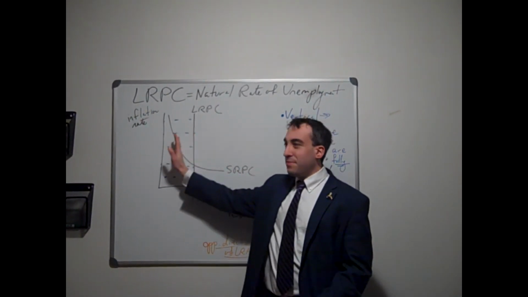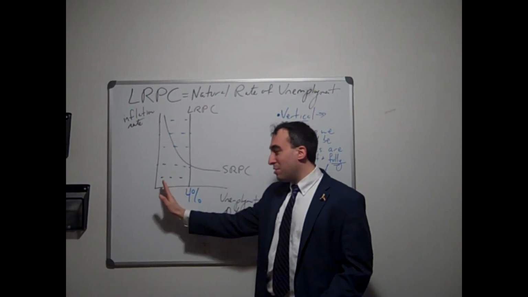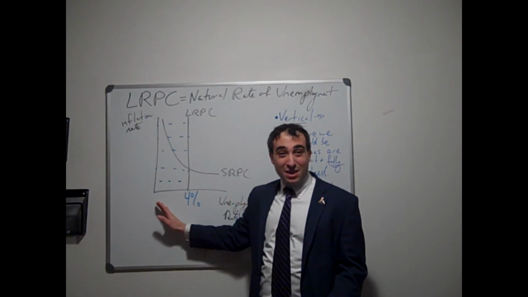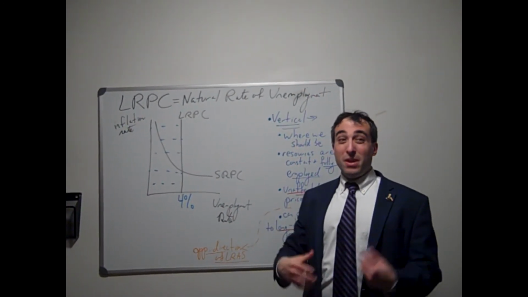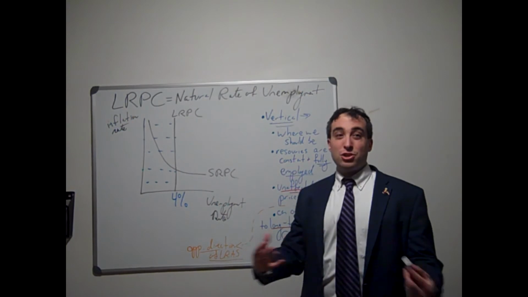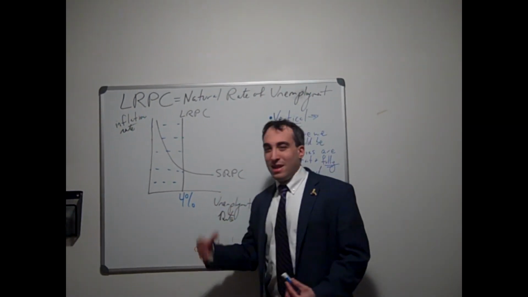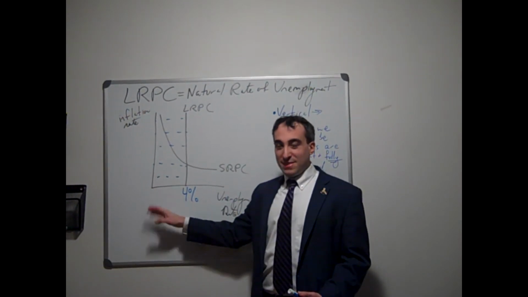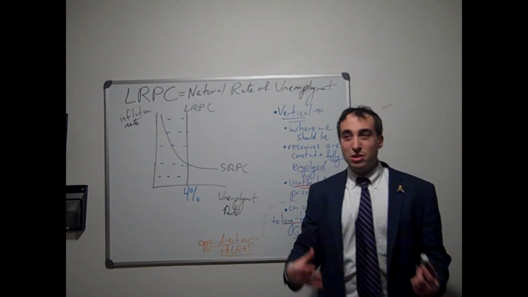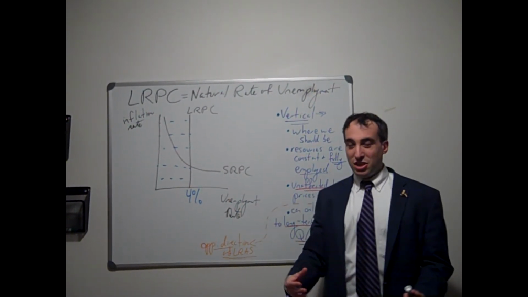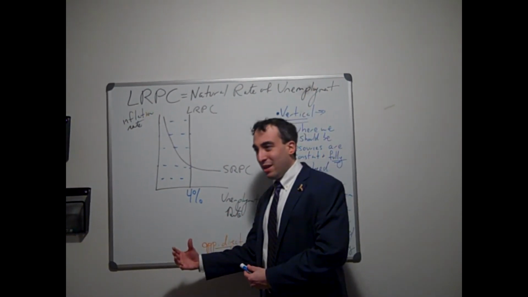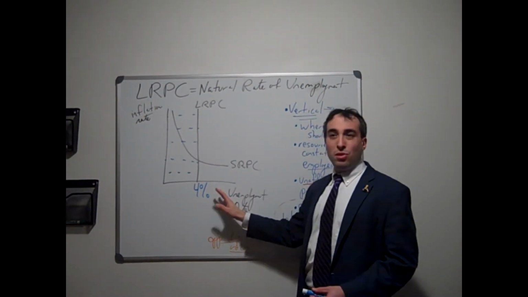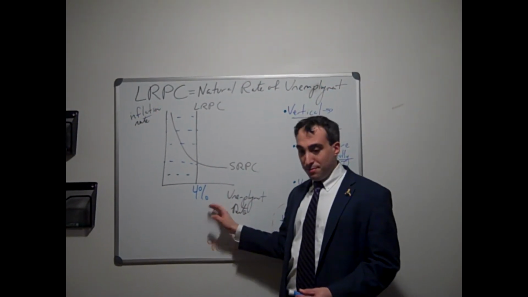A shift to the left shows a permanent decrease in the natural rate of unemployment, which would be a good thing, because something very positive happened industrially in a nation. If something bad happened to our resources and technology, that would be a shift to the right, showing an increase in the natural rate of unemployment.